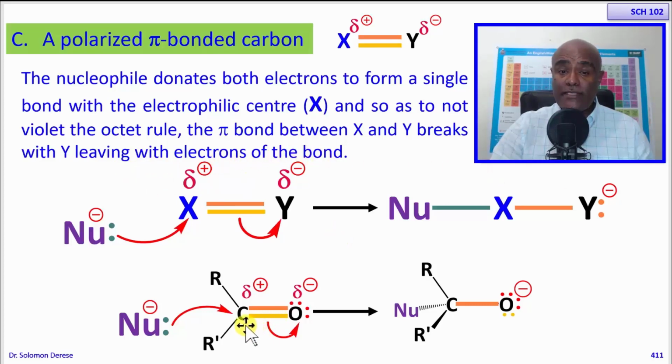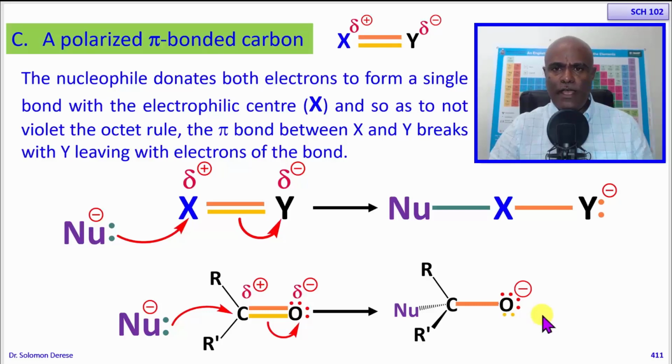In this case, the X is carbon, the Y is oxygen. So when this bond is formed between the nucleophile and the carbon, so as to not violate the octet rule, the pi bond breaks. When the pi bond breaks, the electrons of the pi bond will go to the oxygen to give us this product. So these are the 3 scenarios.